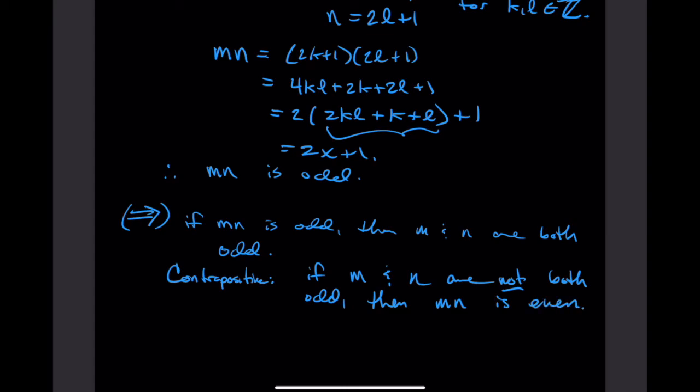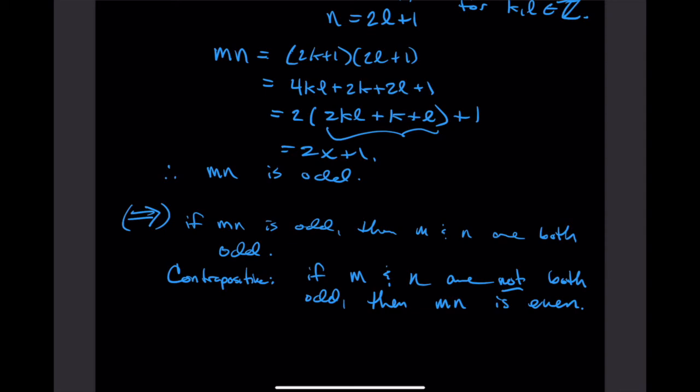So if we think about what that actually means, it means that m is even or n is even. So our reasoning for that, if we negate m and n are odd, we get m or n is even.